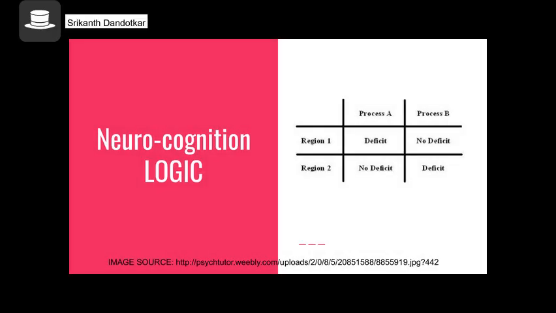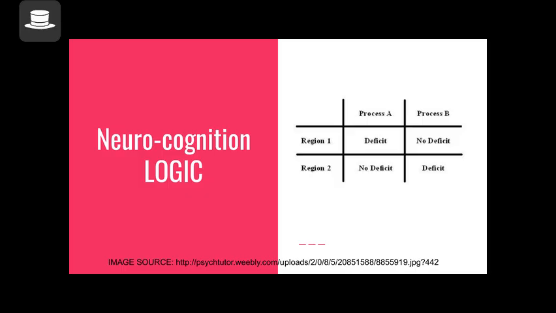So the logic of neurocognition in terms of using brain injured patients is trying to see how closely related or separable two mental processes are.